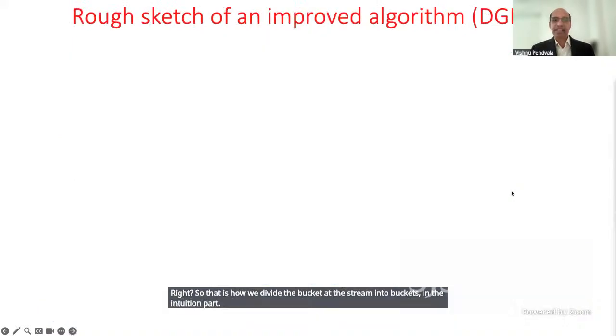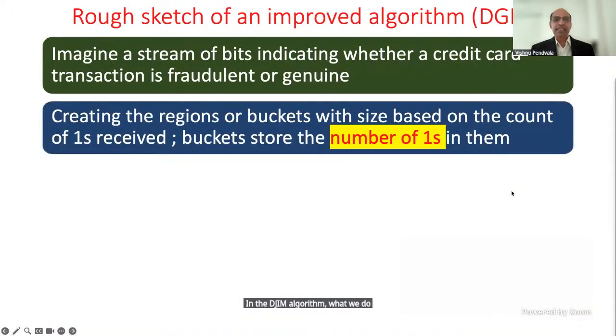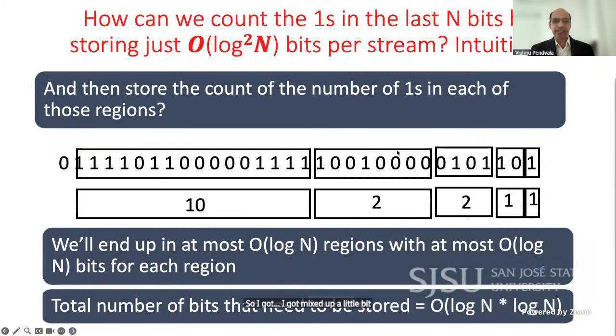So that is how we divide the stream into buckets in the intuition part. In the DGIM algorithm, instead of forming the buckets based on the number of bits, we form the buckets based on the count of ones that are received in the stream. And then, like before, buckets store the number of ones in them. I got mixed up a little bit.